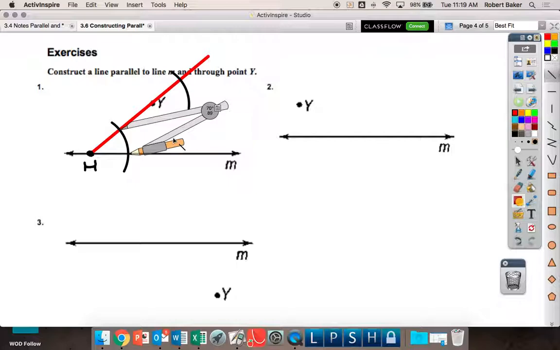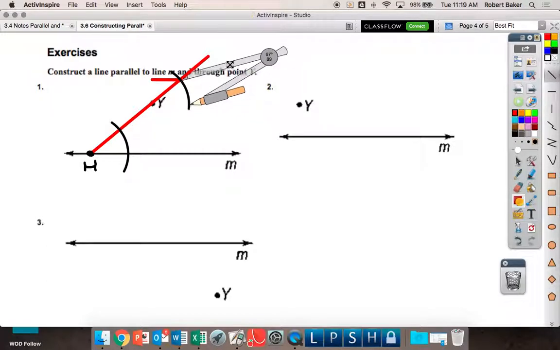It is that open. Without adjusting that radius, I will go to this location right here and swing the same arc. When I connect this point and that point, does it appear that the red line and the black line are parallel? Congratulations, mathematics is happy.